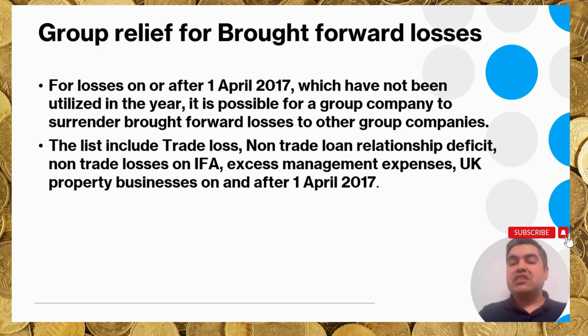Non-trade loan relationship deficit, for example any interest deficit. Non-trade losses on IFA, which means intangible fixed asset. Excess management expenses, UK property business on or after 2017. So not just current year losses: any losses which are brought forward and arose on or after 1st of April 2017 can be surrendered for group relief, which is amazing.